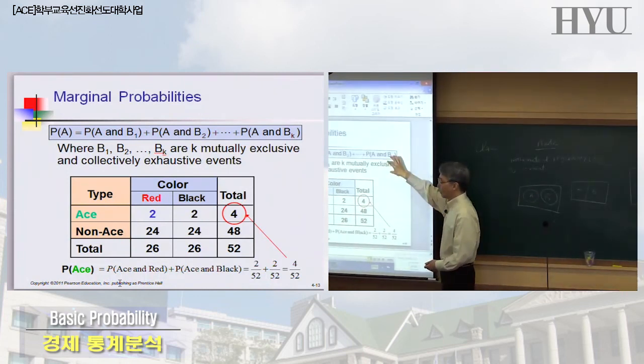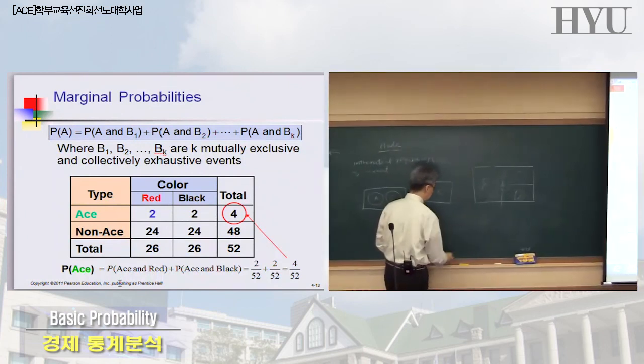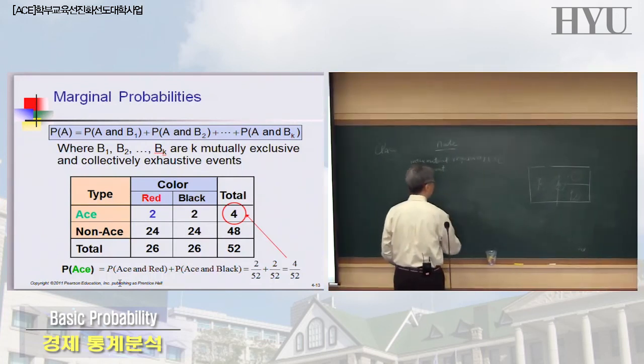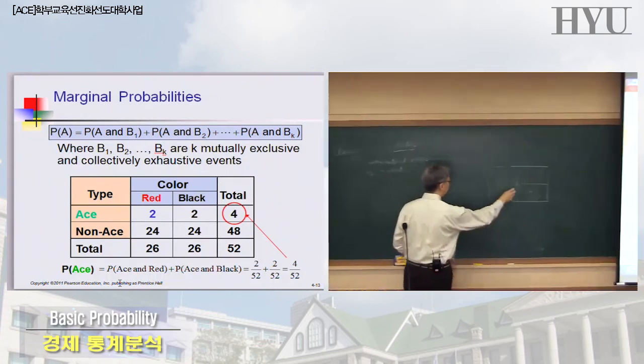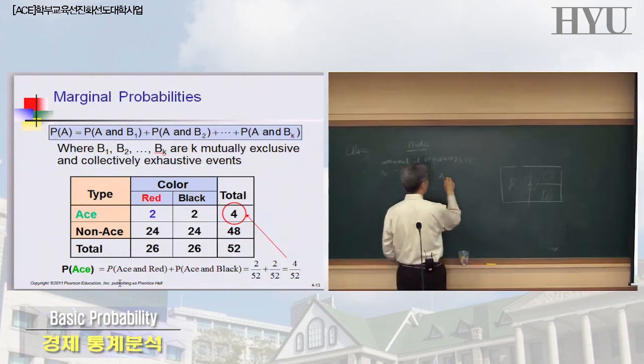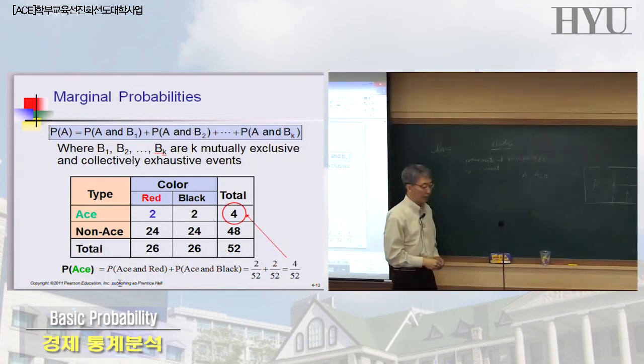It sounds a little bit complicated, but look at this Venn diagram. We have event A defined here. Remember, A is the event that you pick an ace.